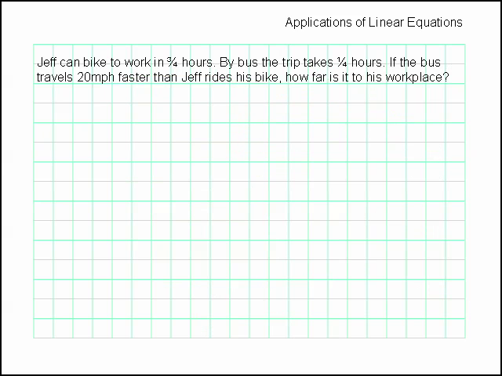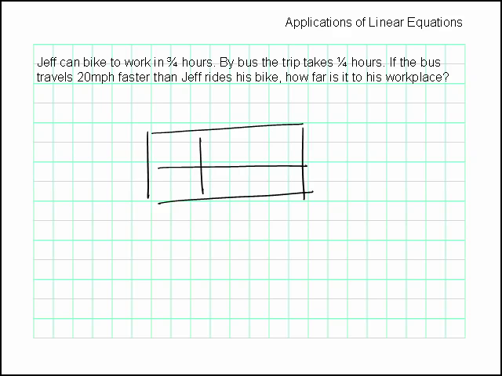Jeff can bike to work in 3/4 of an hour. By bus, the trip takes 1/4 of an hour. The bus travels 20 miles per hour faster than Jeff rides his bike. How far is it to his workplace? Okay, here's our table: rate, time, distance. The two things we're doing here are going by bike and by bus.